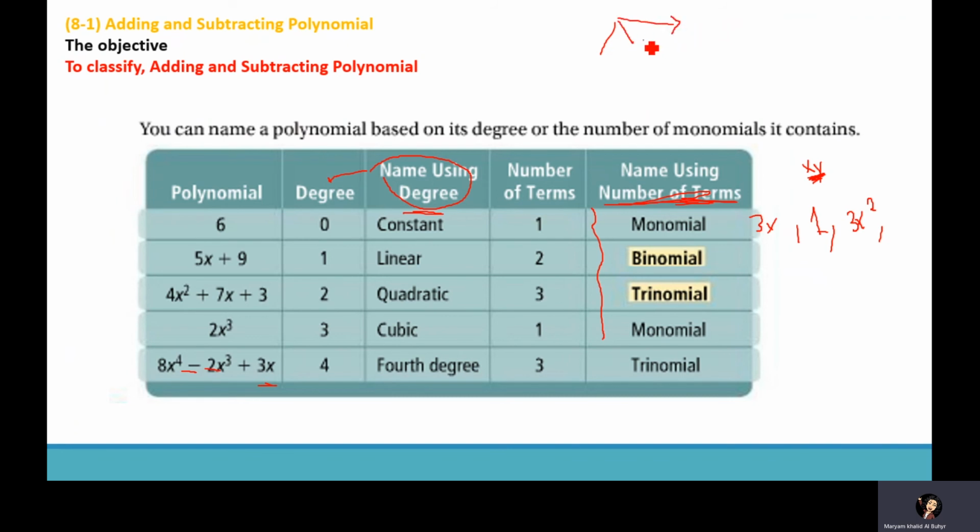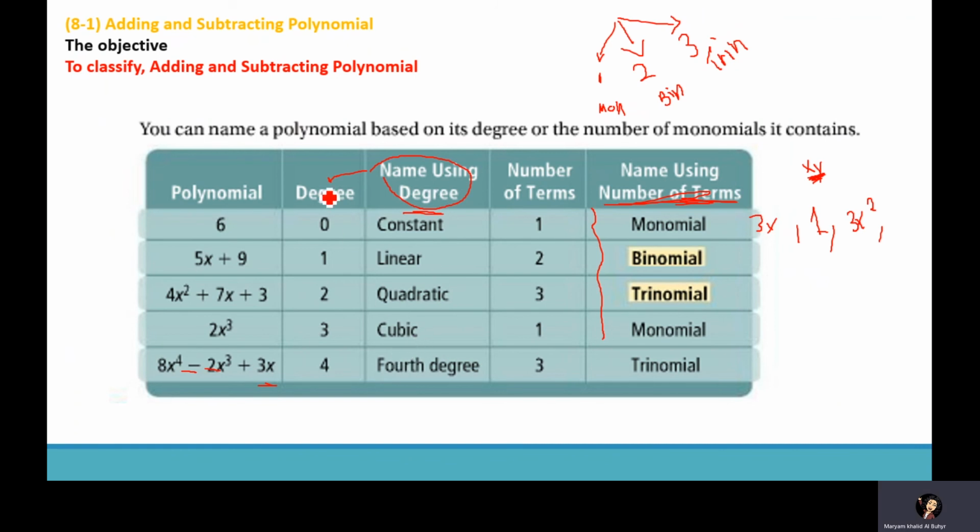What are these 3 things? If you have one term, it's monomial. If you have 2 terms, binomial. If you have 3 terms, you are going to call it trinomial. That's it.